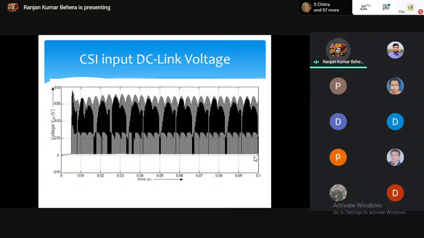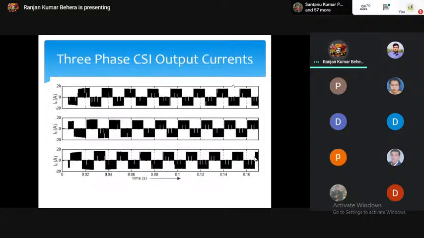And like this, if you have a voltage source inverter, you will see that the capacitor current will have this wave shape, where now you can see the voltage, VDC. Now, this is the three-phase current source inverter output.